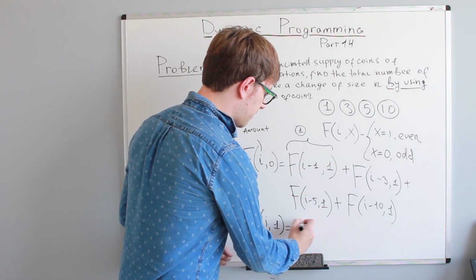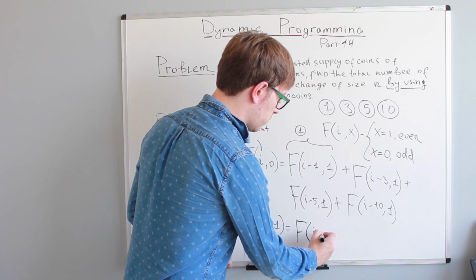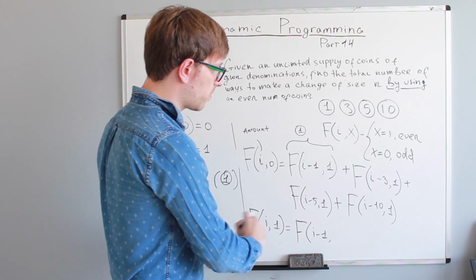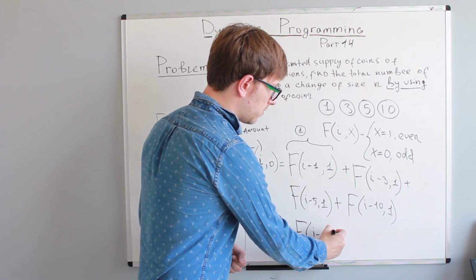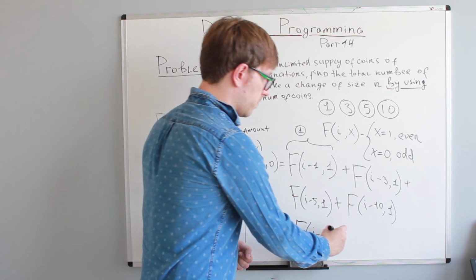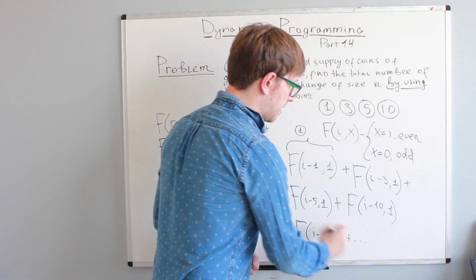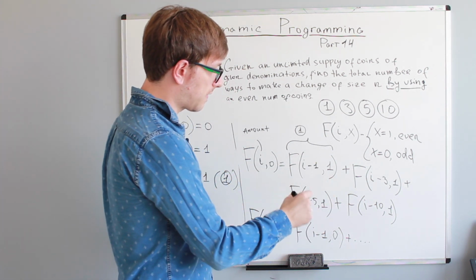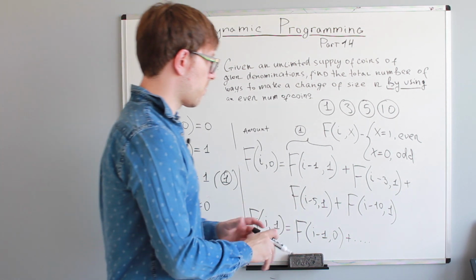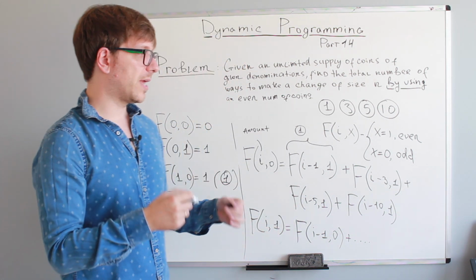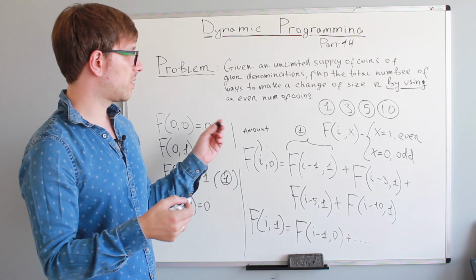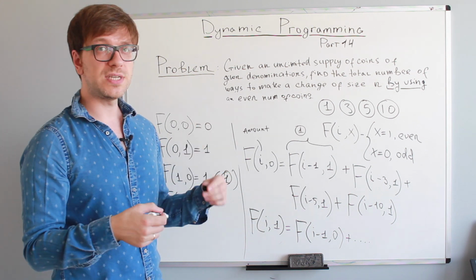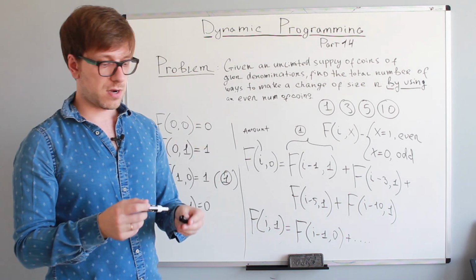So it's going to be f of I minus 1, and we had an even number of coins, and now in the next state we have an odd number of coins, and so on, plus the rest is the same: I minus 3, 0, I minus 5, 0, plus I minus 10, 0. So this is the solution to the problem. I hope now you see the pattern when we solved exactly 9 coins, or t coins, no more than t coins, and now an even number of coins.